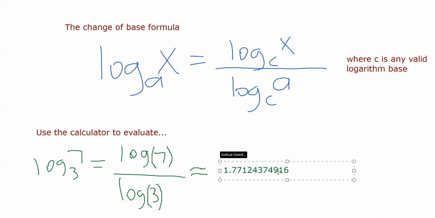And again, we can decide what to round to. If you're on your homework, it might say round to 2 decimal places. Okay, 1.77. So it just depends on what you're working on.